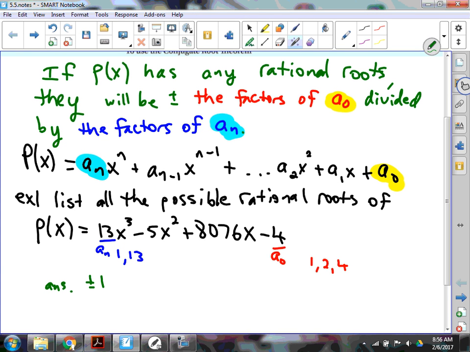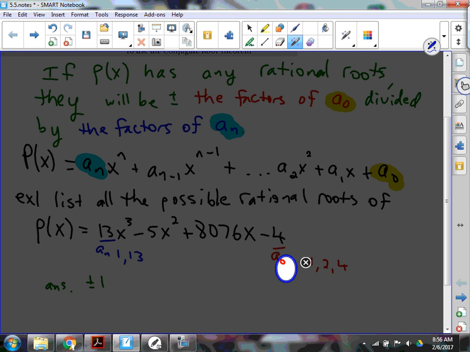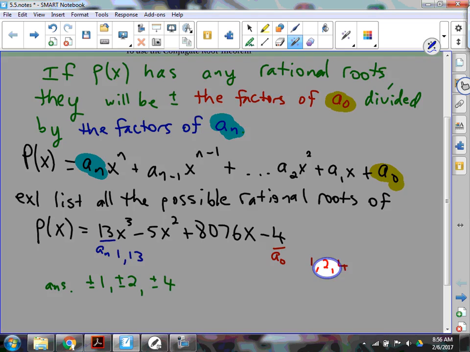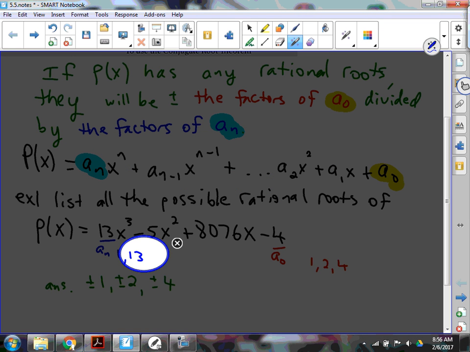Let's go to the next one. 2. We'll divide 2 by 1. What's that going to be? 2. We're also going to have to divide 4 by 1. So what's that? Plus or minus 4. Okay. So now we also have to go and divide all of these by this 13 also.